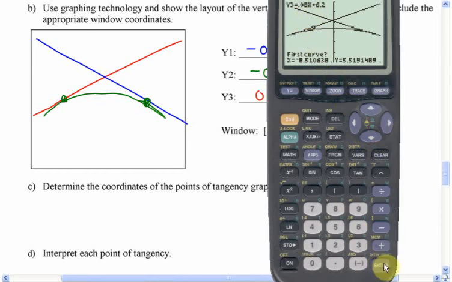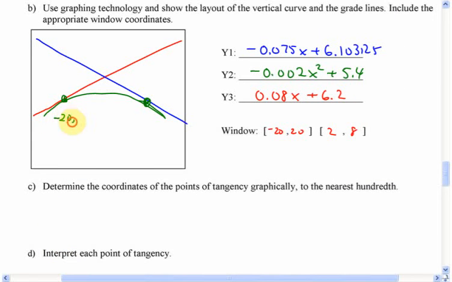That's the one I want. Press enter. I want my second curve to be the actual parabola, so I'm going to move down to that, press enter, and let's hope they find the intersection point. There we go. About negative 20, comma 4.6. So negative 20, comma 4.6.